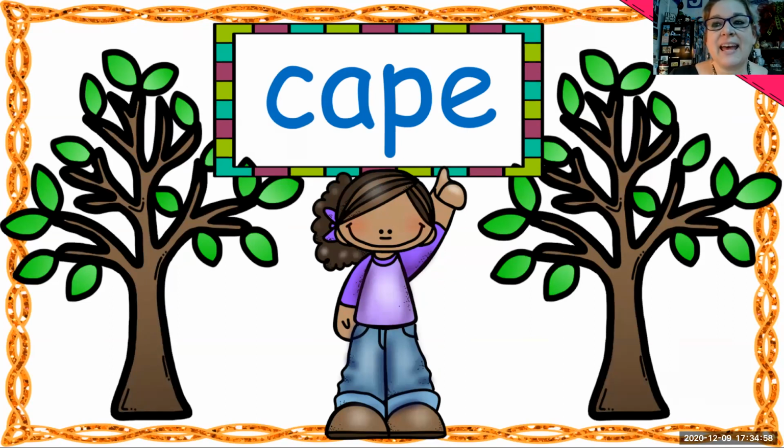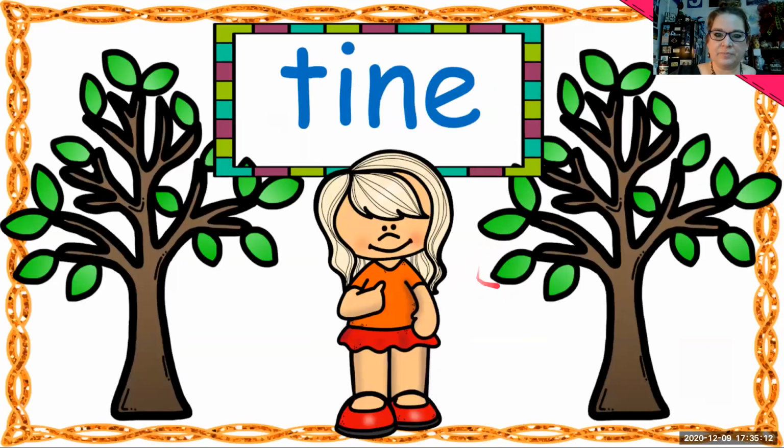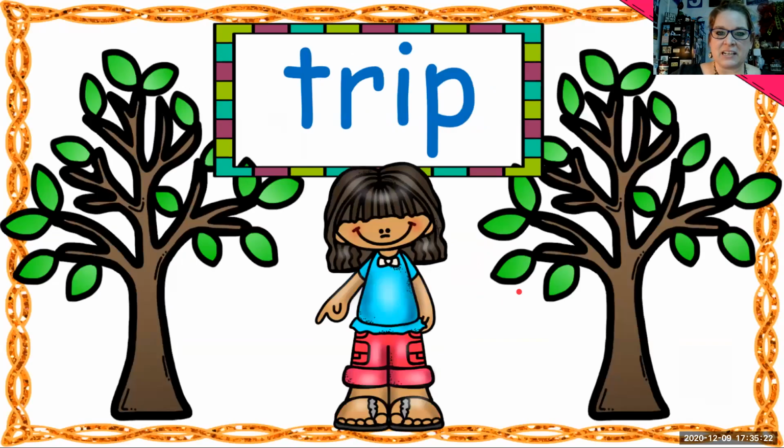It's going to go on the A tree, the long A sound. Cot. That's right. It's going to go on the ah tree, the short O sound. Tine. It's going to go on the I tree, the long I tree. Trip. That's going to go on the short I tree.